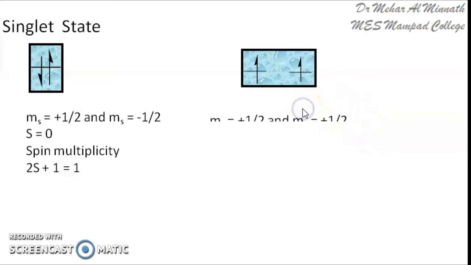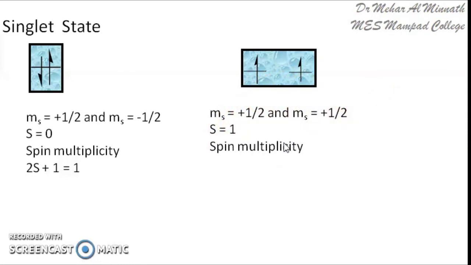In that case, the total spin will be equal to 1, because you are adding these two spin quantum numbers. And the spin multiplicity will be equal to 3, because when you put 1 in the 2S plus 1 equation, you get 3. And this electronic state is called the triplet state.